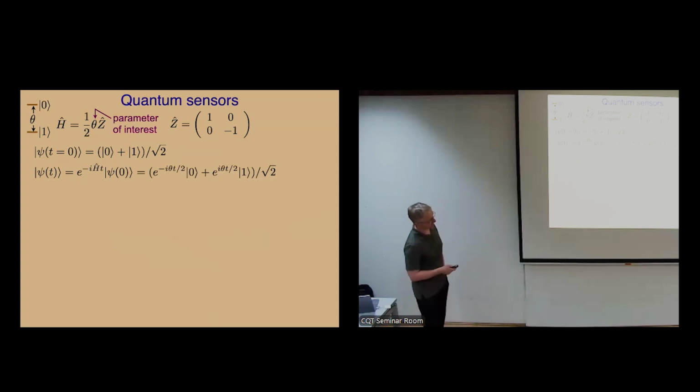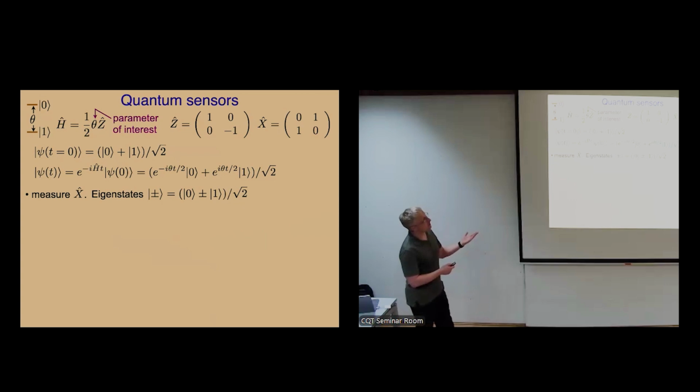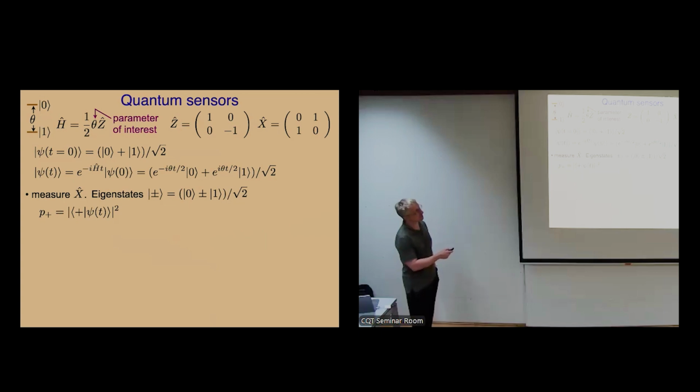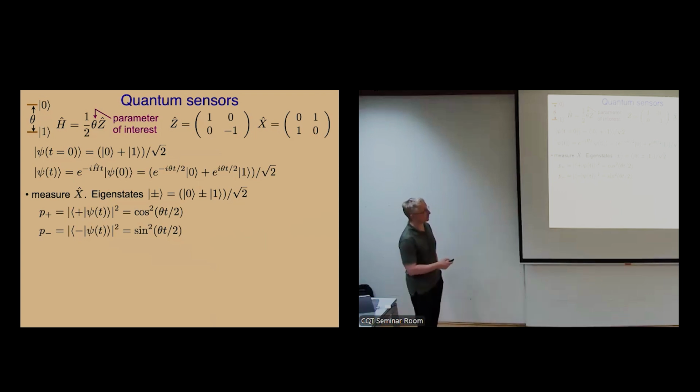And then to measure this phase, you measure X, which is the Pauli X matrix, and then you get the two eigenstates of X with the corresponding probabilities. So you get plus with a probability given by the overlap of plus with the state. That's just cosine squared theta t over 2. And you get minus with a probability 1 minus that.